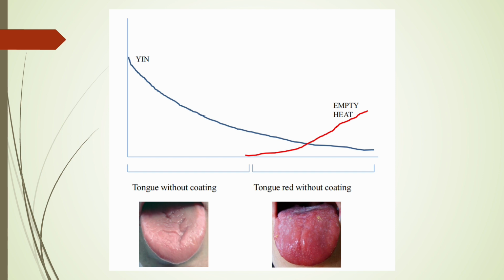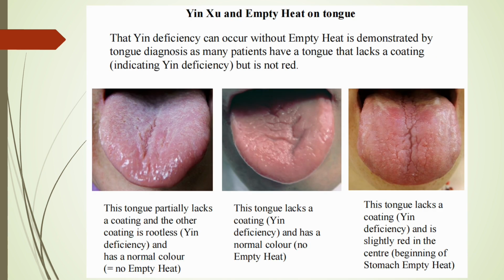This is not so. In yin deficiency, the tongue lacks a coating and has a normal color. In empty heat, the tongue lacks a coating and its body is red. That yin deficiency can occur without empty heat is demonstrated by tongue diagnosis, as many patients have a tongue that lacks a coating, indicating yin deficiency, but is not red.